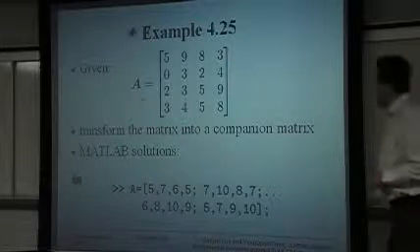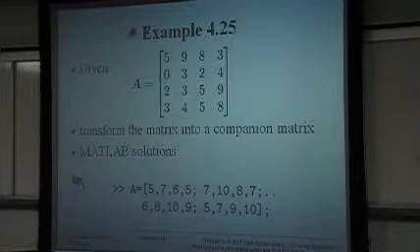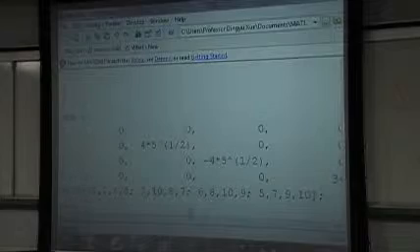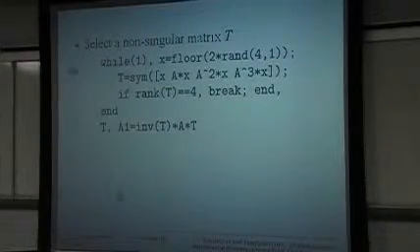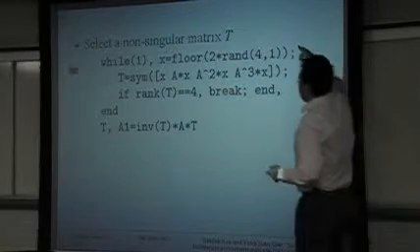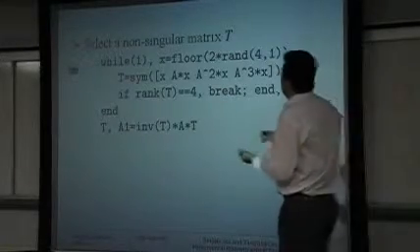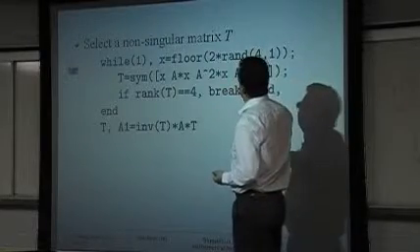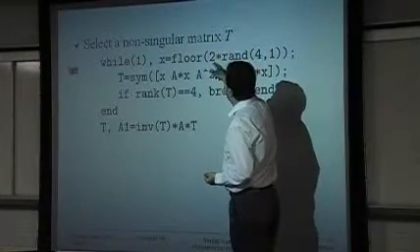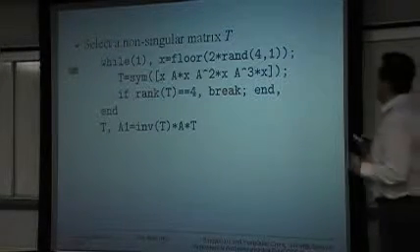And we can enter this matrix first. So now let's consider how we can select a T matrix. To generate a T matrix, we can give this kind of command. I will explain it to you. First, we can generate a column vector, and the numbers in the vector could be 0 and 1.